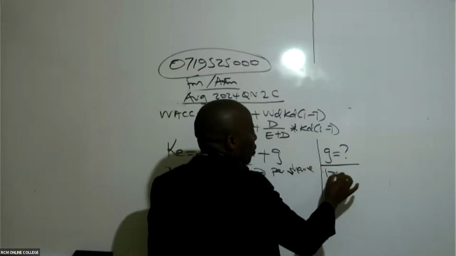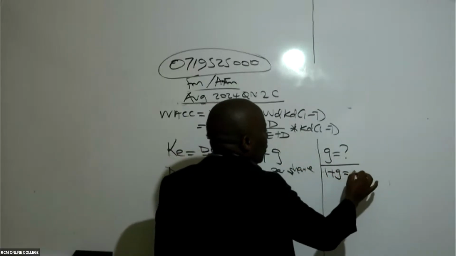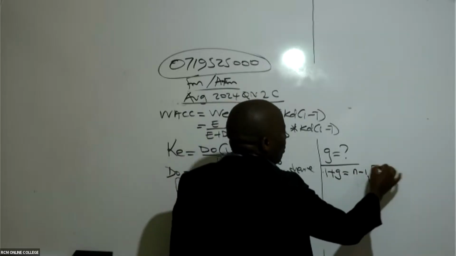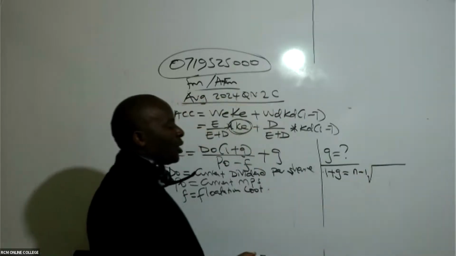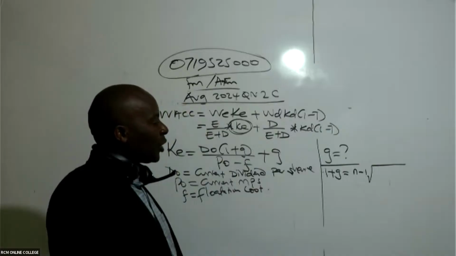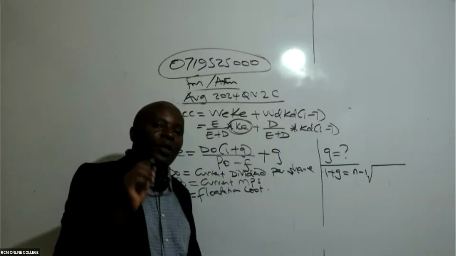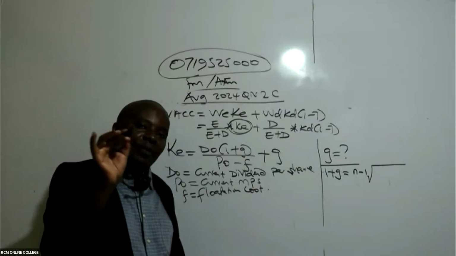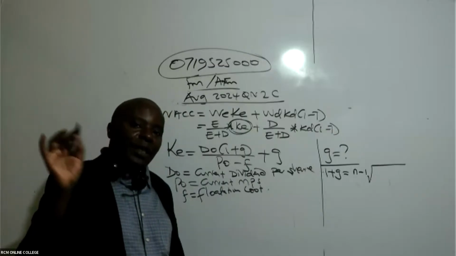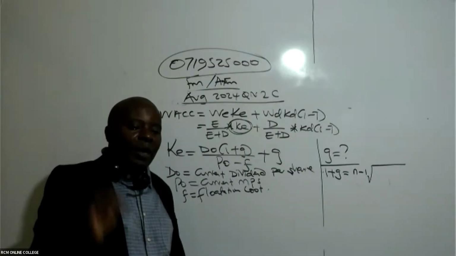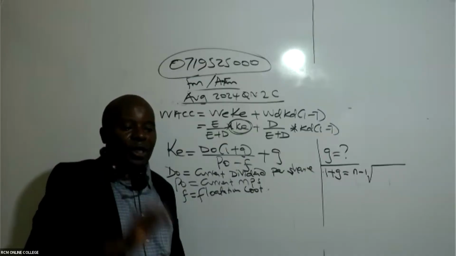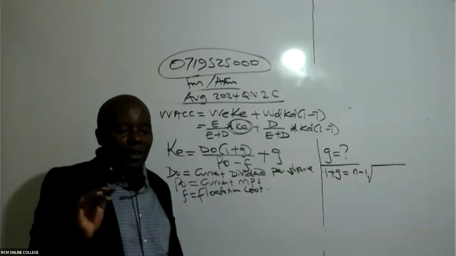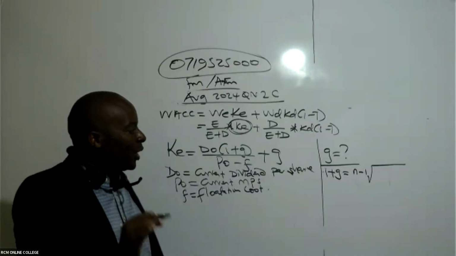To get this g, we normally say 1 plus g equals the n minus 1 root. Anytime they want us to get g, in most cases, whenever you see the examiner giving you many dividend amounts, then automatically they want you to calculate g. And how do we get this g?